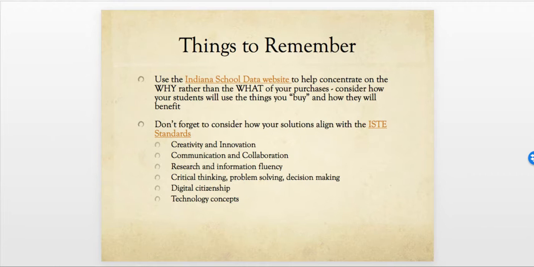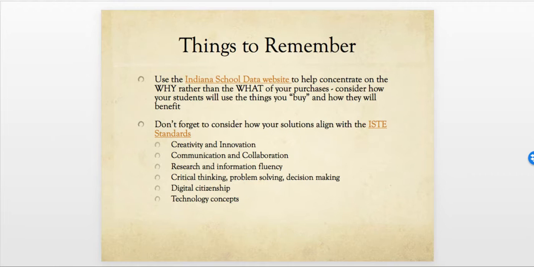Also, when you take a look at the ISTE standards, ask how your ideas align. Sometimes you'll find that they kind of align with all of the standards, and that's okay. But what sorts of areas do you feel like you can address with this grant proposal? Consider not just obvious stuff like teaching students how to use the technology. Obviously, this is important, but it's not about getting it into their hands so they can gain technical skills here.